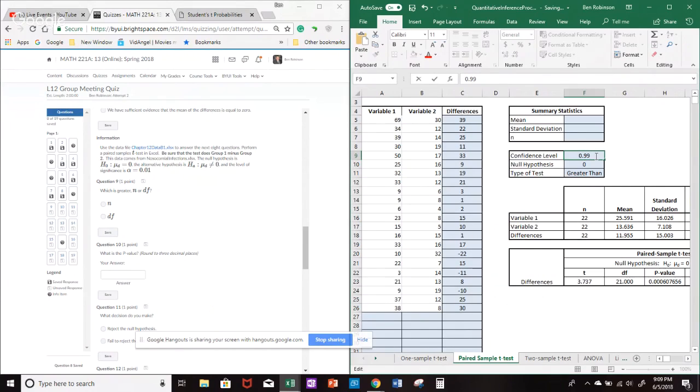The null hypothesis is mu equals 0. The alternative hypothesis is not equal. And the level of significance equals 0.01. So the question is, which is greater, n or the difference?